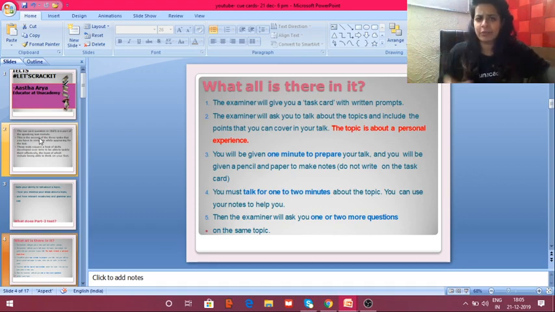Just write some brief pointers, okay? You must talk for 1 or 2 minutes about the topic at hand, and you can use your notes to help you out. And then, in the third part, the examiner will ask you two or three more questions on the same topic, which could be some abstract or extrapolatory kind of questions.